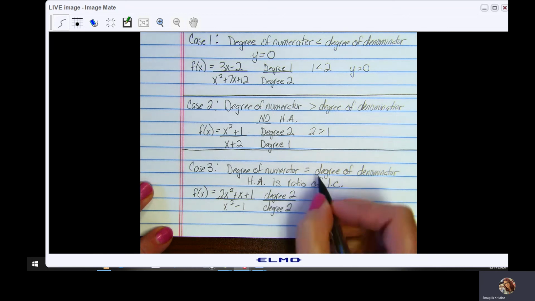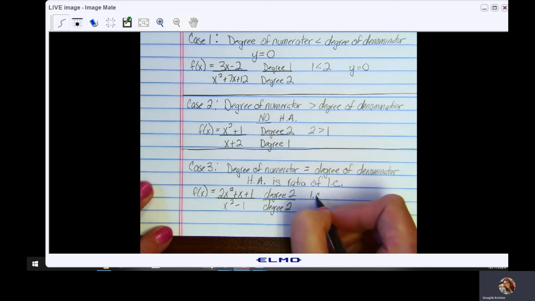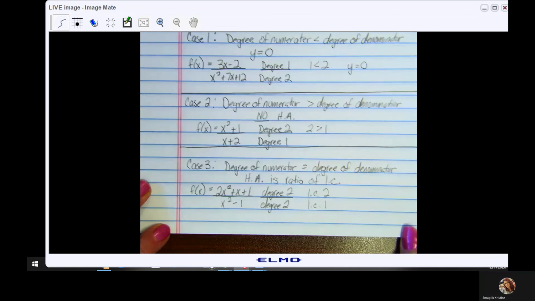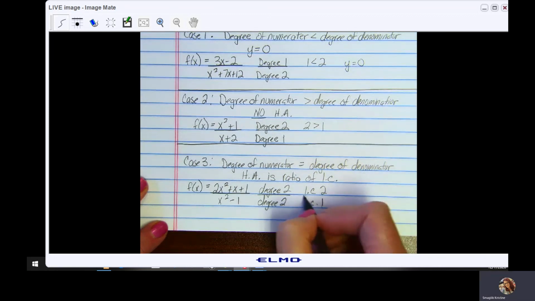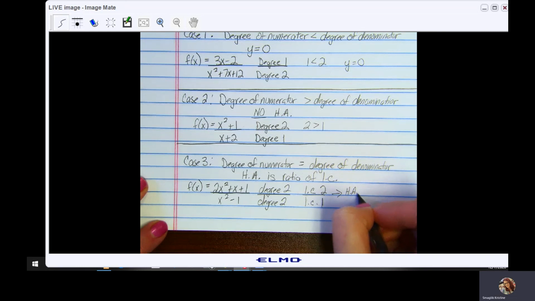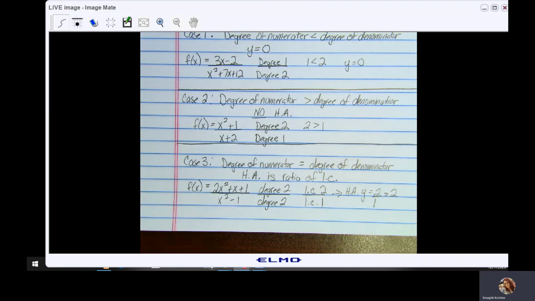Now I need to compare my leading coefficients. Leading coefficient is 2. Leading coefficient is 1. So that means my horizontal asymptote is y equals 2 over 1, which reduces down to 2.